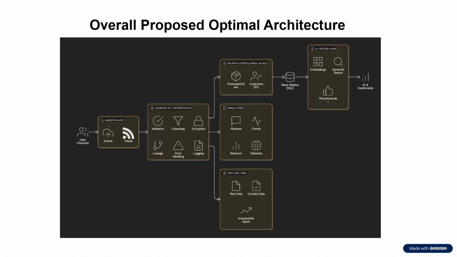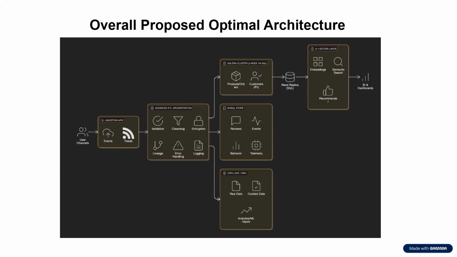Then we have a NoSQL store where our data, which was in our staging tables initially, got ingested into the NoSQL database, right? So this is the NoSQL integration. Then we have vector embeddings and centralized monitoring.